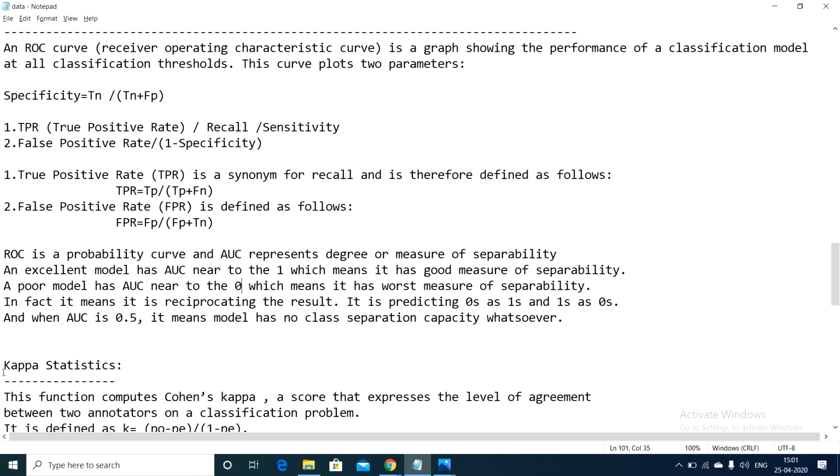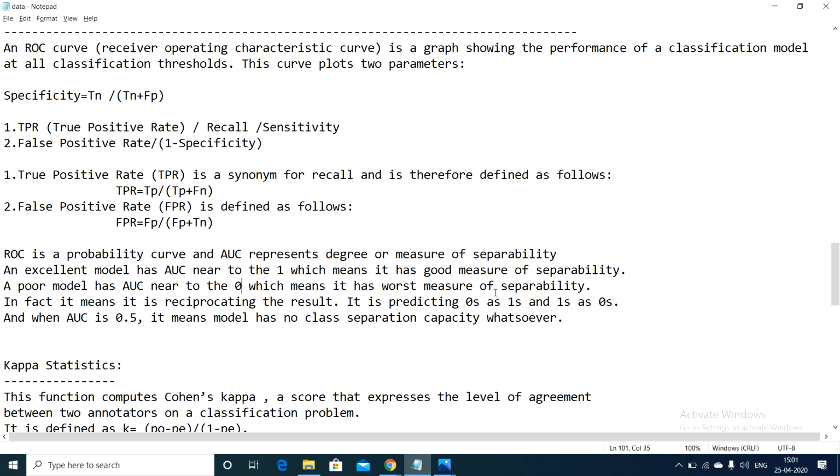In fact, it is reciprocating the result. So it is predicting zeros as ones and ones as zeros. So if the AUC value is 0, then it is indirectly telling us that if it is class 2, it is getting class 1. If it is in the beginning stage, it is getting the ending stage. If she is pregnant, our model is predicting false.